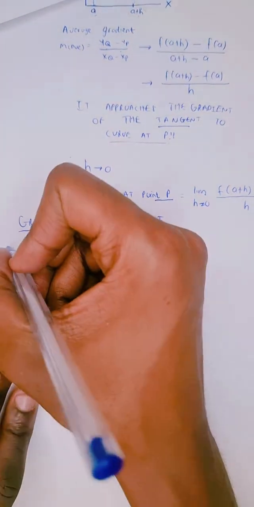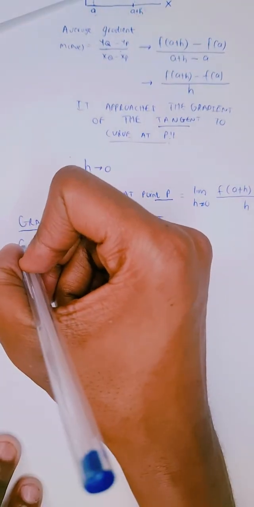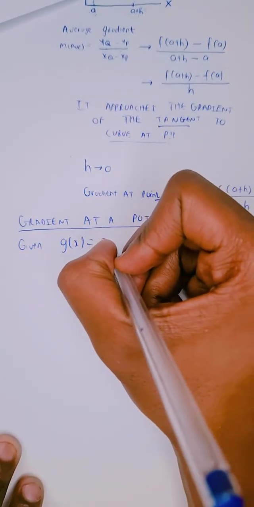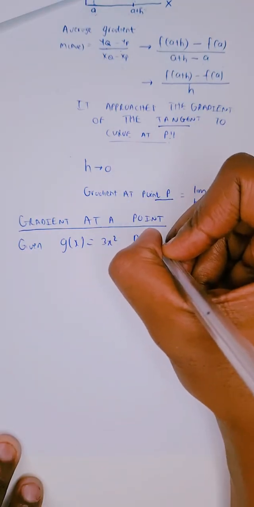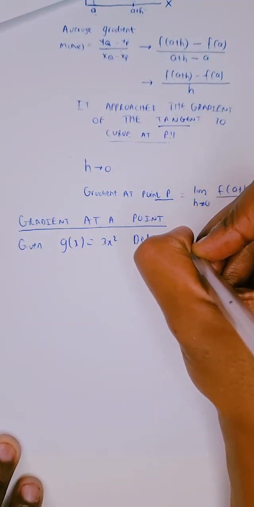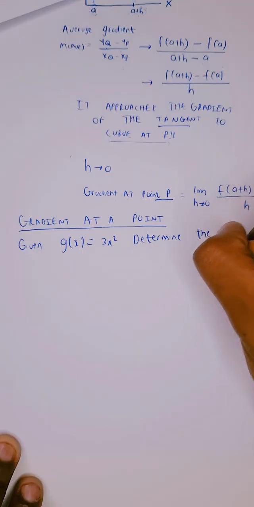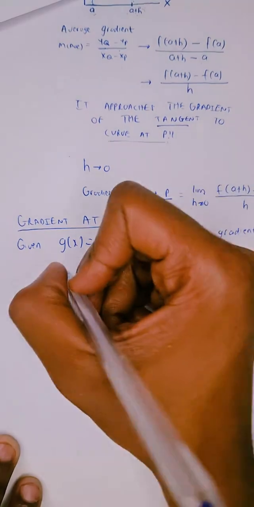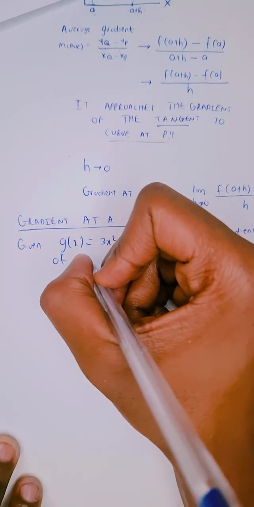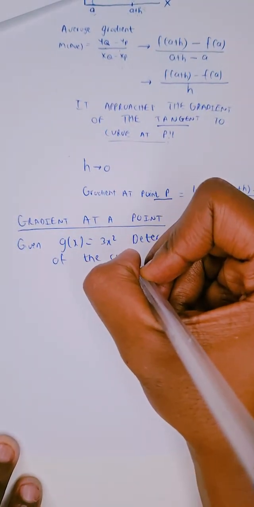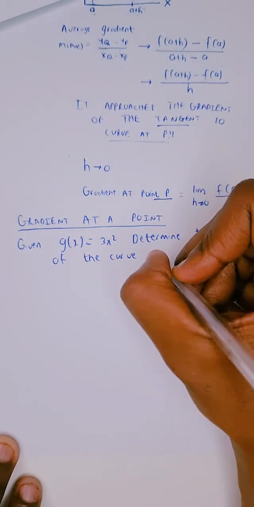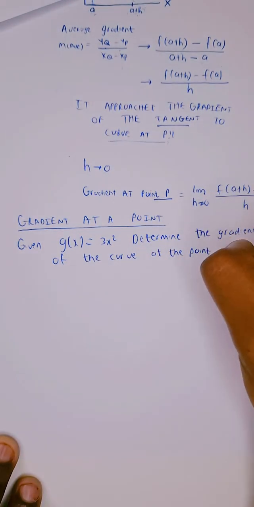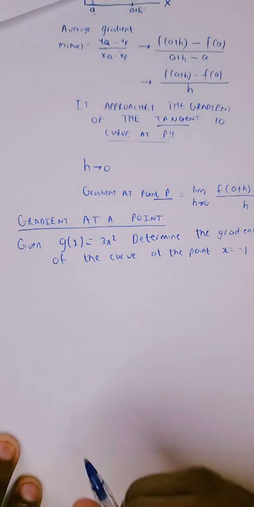So now we can look at calculating the gradient at a point. If we are given, let's say, g of x is equal to 3x squared, and they say determine the gradient of the curve at the point x is equal to -1.